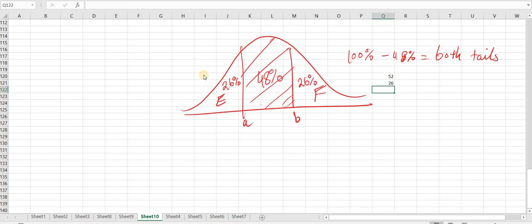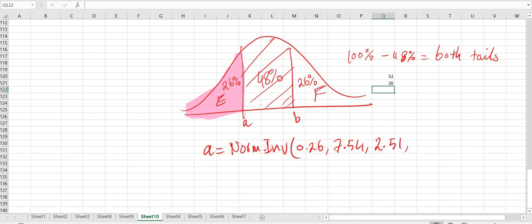Now that I have the area in each tail, I can find A and B using the inverse function. So to find A, that is the area to the left of A, we're going to use the inverse function. So norm dot inverse of the area to the left of A, which is 26%, so 0.26, comma, the mean, which is 7.54, and the standard deviation is 2.51.